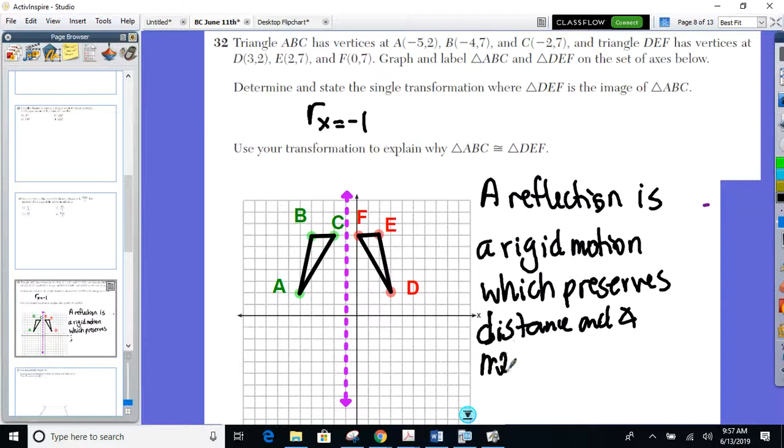And now you can impress whoever is reading this. It won't be me. Henceforth, in conclusion, thus, subsequently. I can't even spell that, so I'm not even going to try. I'll just stick with the old 4-letter. Thus, triangle ABC is congruent to DEF. I just want to make sure we got that wording down pat.